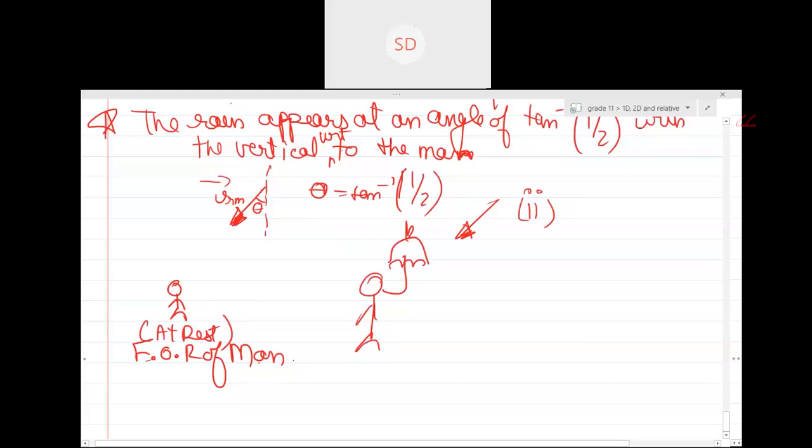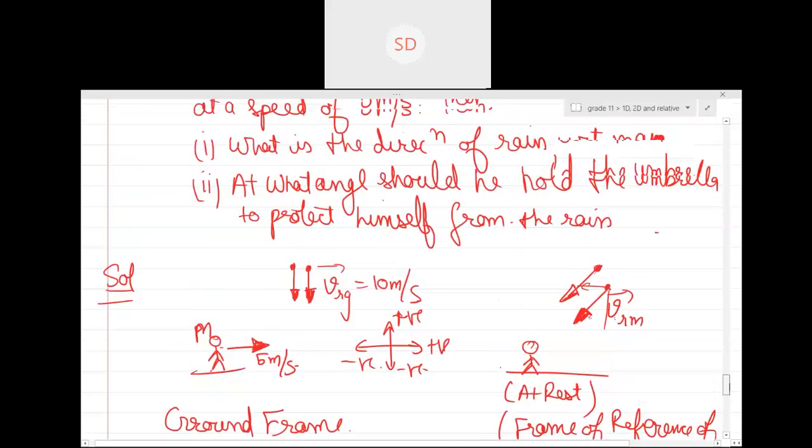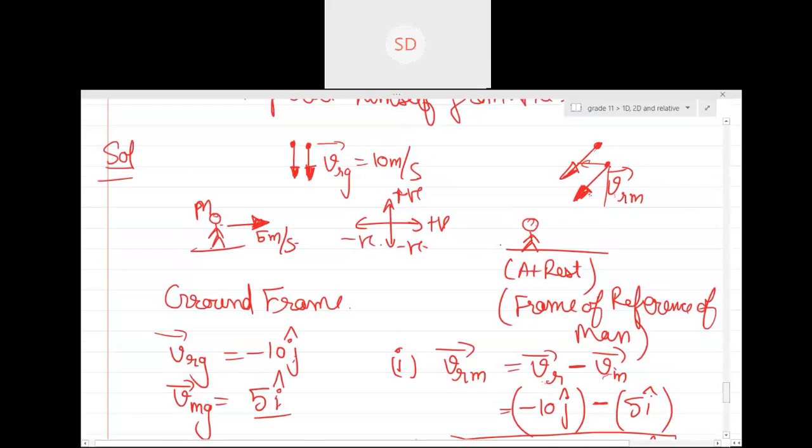With respect to the ground frame, he is at rest only then it will bend like that, but we are talking with respect to the man. See, I told you both scenes, what is happening and what exactly he is observing. Suppose you are standing over here, so what you are observing is basically rain falling vertically down and this man running with 5 meter per second. But what he is observing is that I am at rest, but the rain is falling at a certain angle.